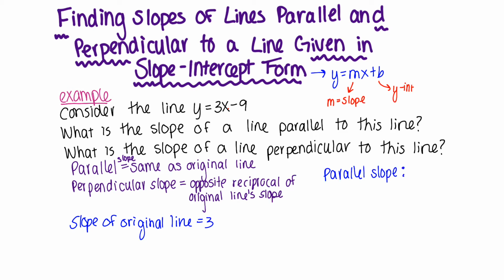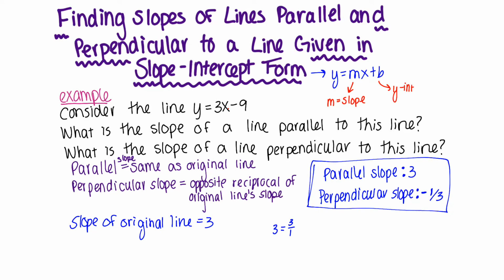So the parallel slope will be 3. The perpendicular slope will be negative because the original slope was positive. This one looks a little weird because you might not think it's a fraction, but 3 is the same as 3/1. If you flip that fraction upside down, you get 1/3. So the perpendicular slope is -1/3.